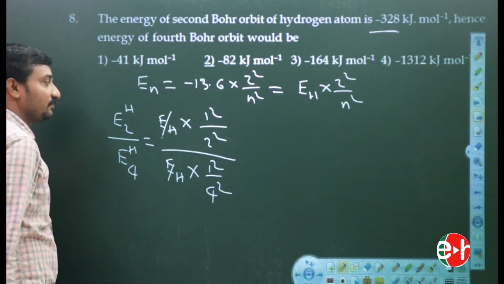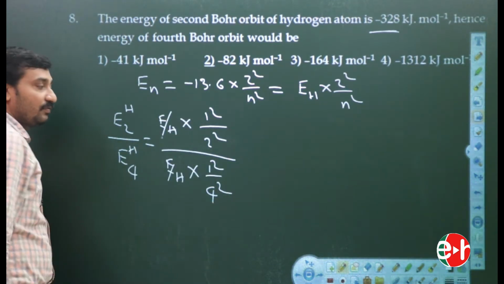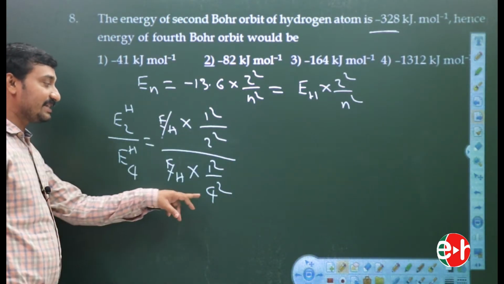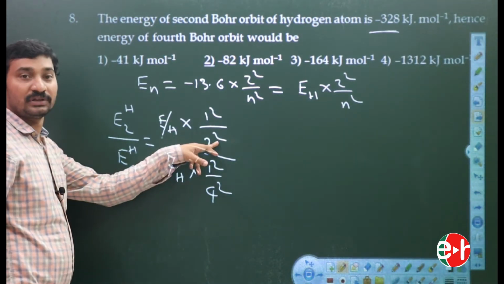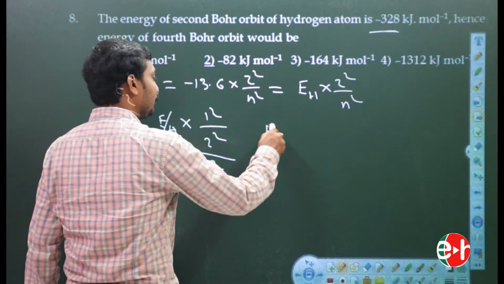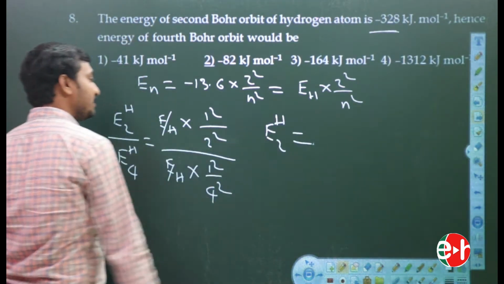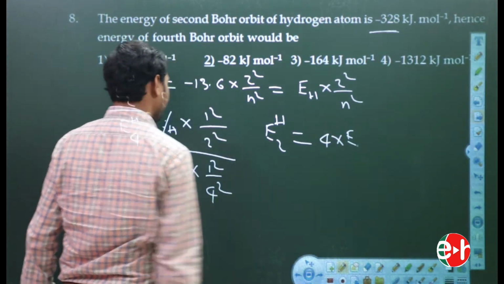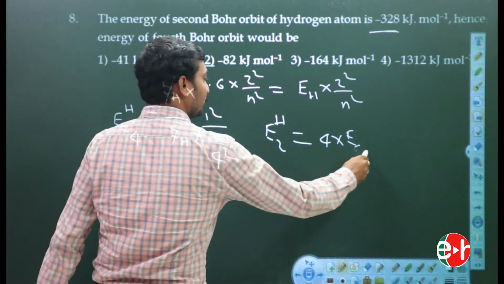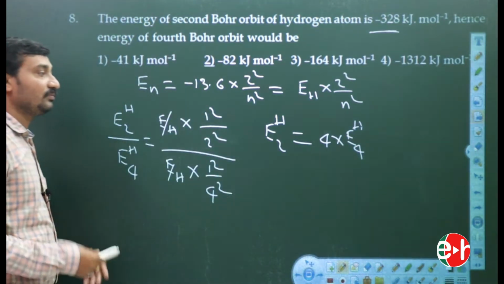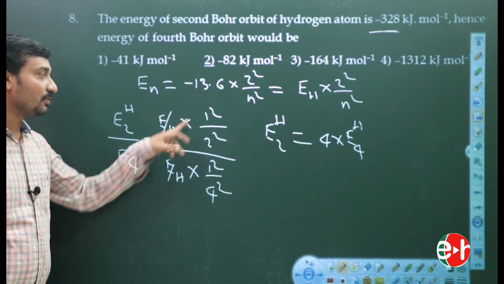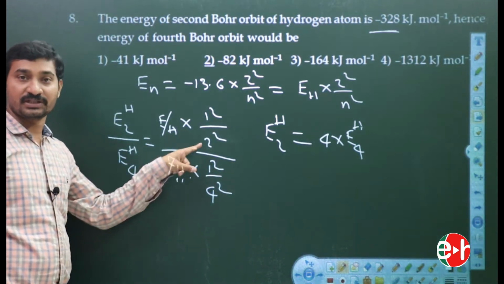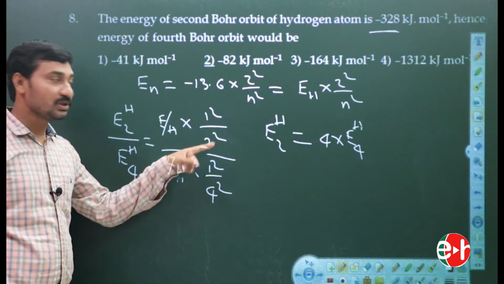EH by EH cancel, 1 by 2 square by 1 by 4 square, reciprocal, 4 square by 2 square, 16 by 4, that is equal to 4. So E2H is equal to 4 into E4H.